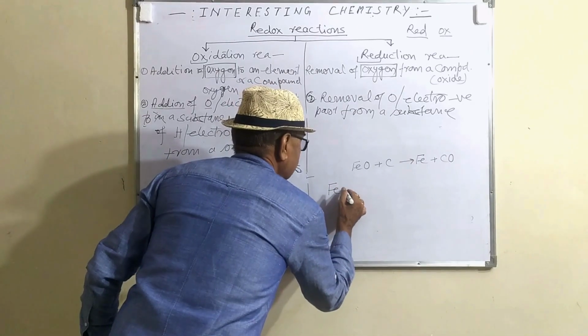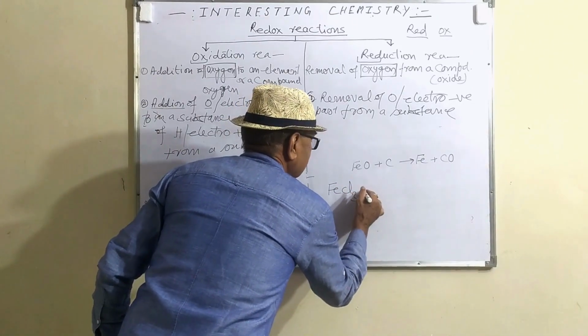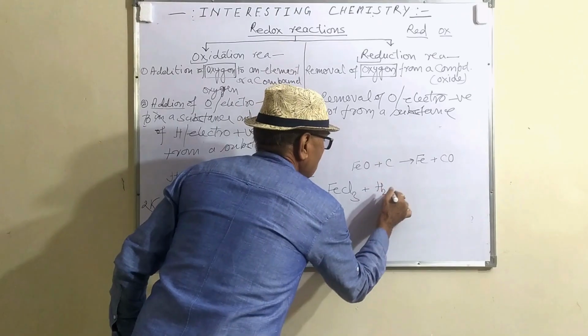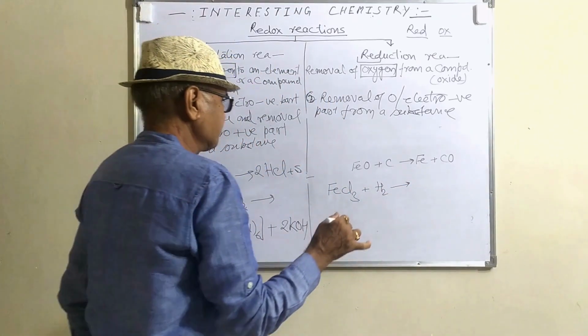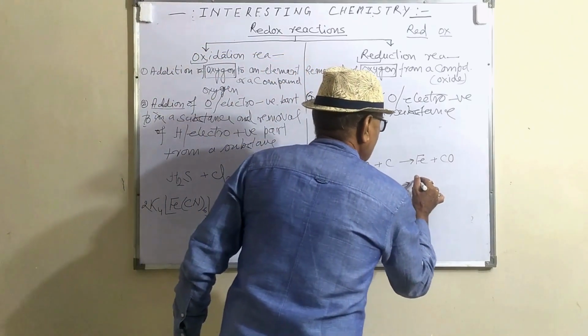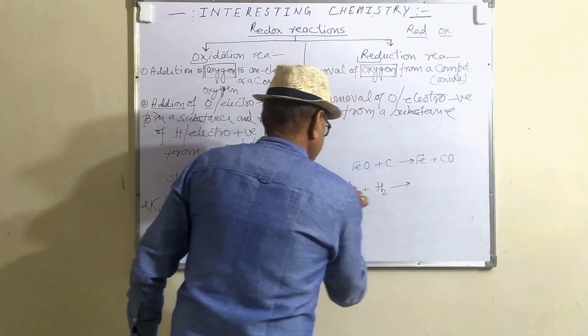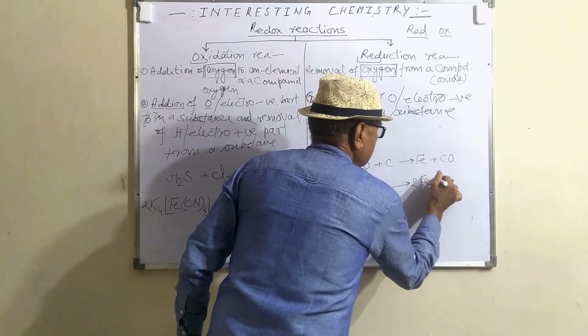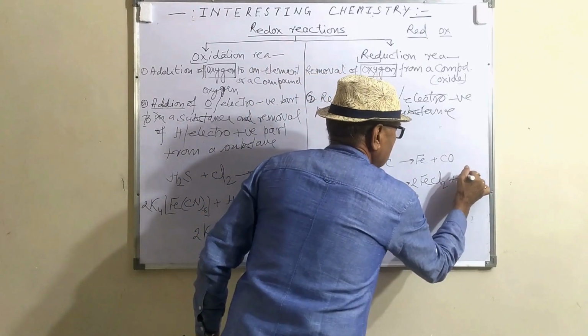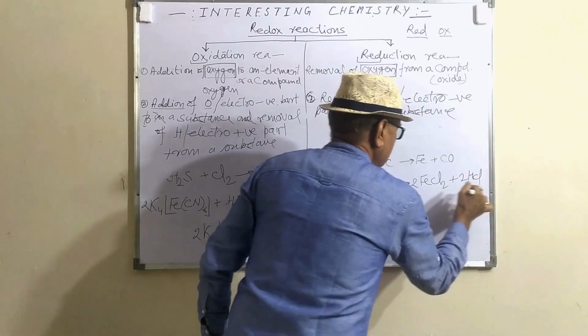I am giving you the example FeCl3 plus H2. When hydrogen is passed into the ferric chloride, we get 2FeCl3 giving 2FeCl2 and 2HCl.